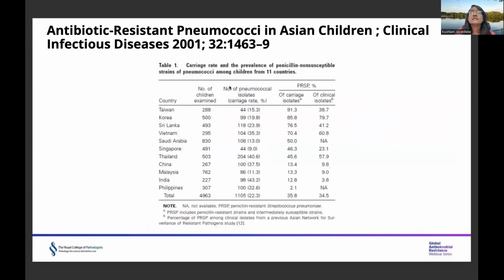And this is again an internationally published multi-center study where Sri Lanka data was published, the SOP data of Streptococcus pneumoniae in 2001, where we can see that Sri Lanka had 76% resistance to penicillin in Streptococcus pneumoniae carriage isolates, and more than 40% resistance in the clinical isolates.